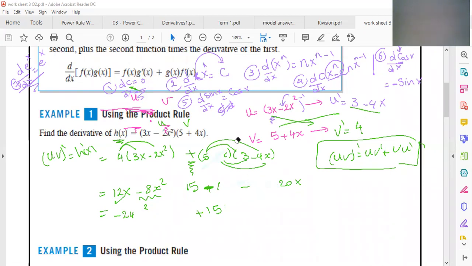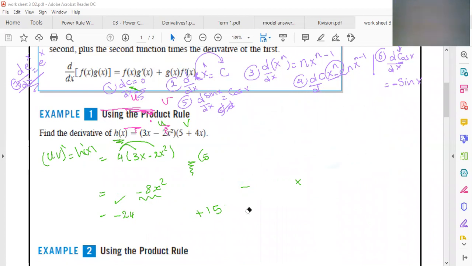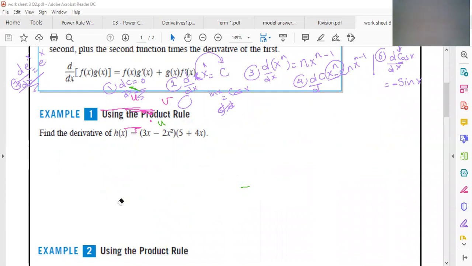Don't forget to remember the rule. Understand? I will not erase this one so you can see the rule. Inshallah, today I'll upload all of these rules, summarized in a sheet, on the LMS. Okay, I hope you understand.